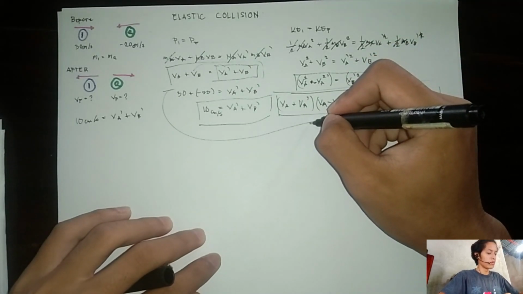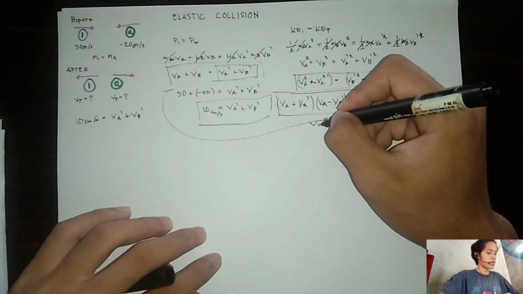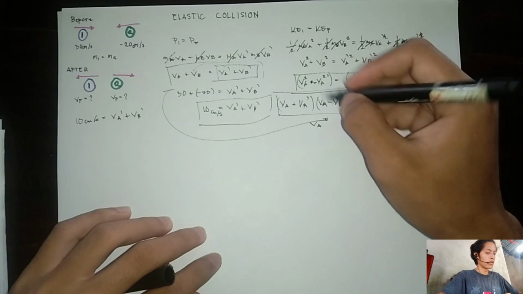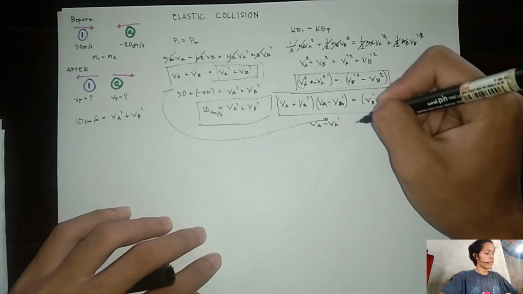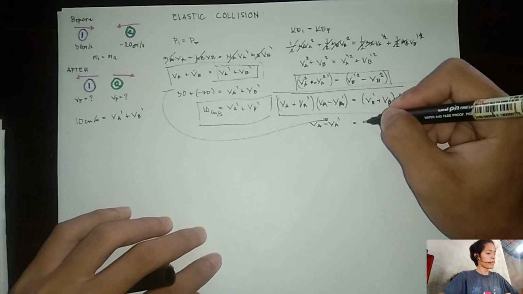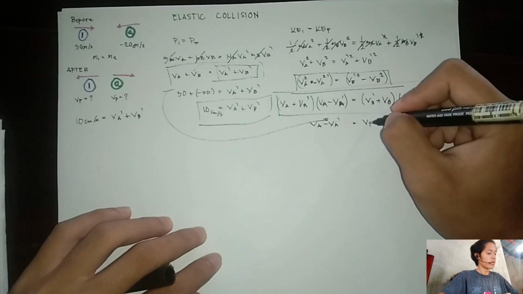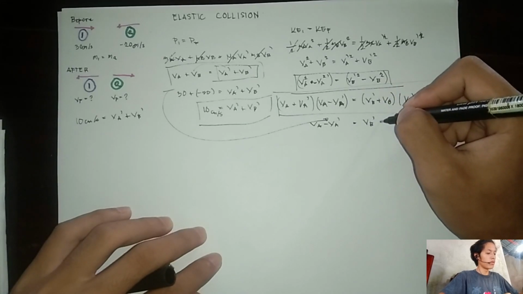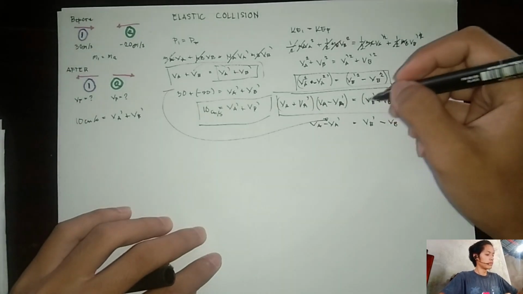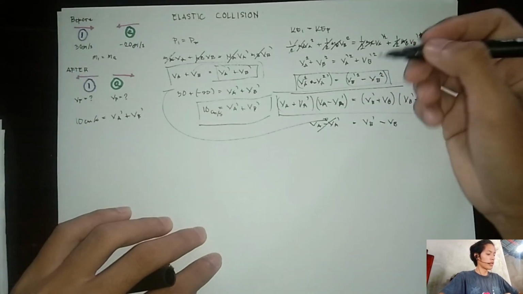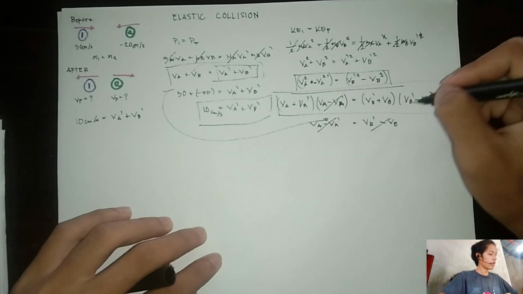So, ginawa natin yan, magiging velocity A minus velocity A final is equal to velocity B final minus velocity B. Pwede natin i-cancel to at ito, at ito.